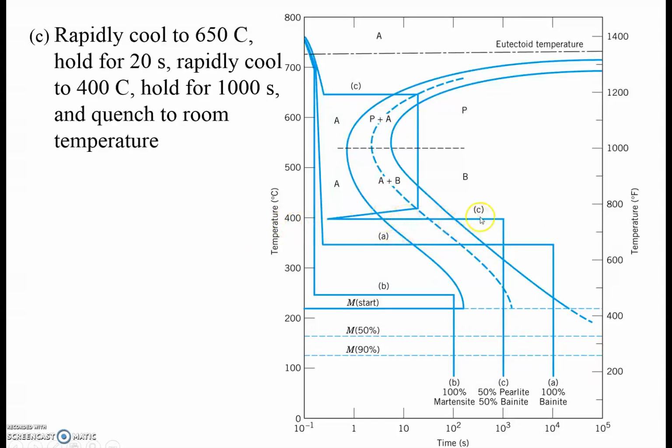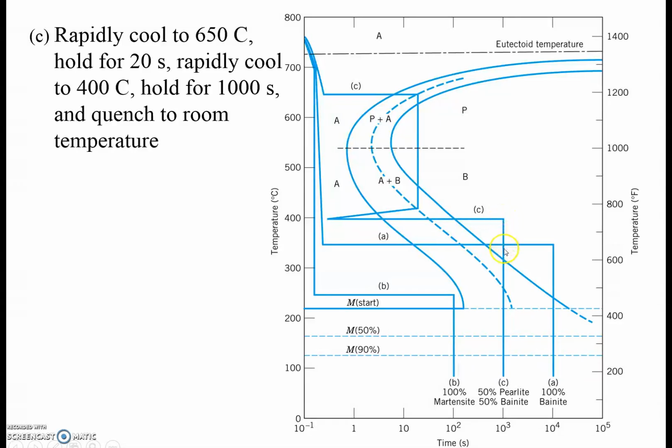But now I do the full transformation. I come across here. So whatever austenite I had will transform fully to bainite. So at this point, all that 25% austenite will have become bainite. So I'll have 50% bainite and 50% perlite.